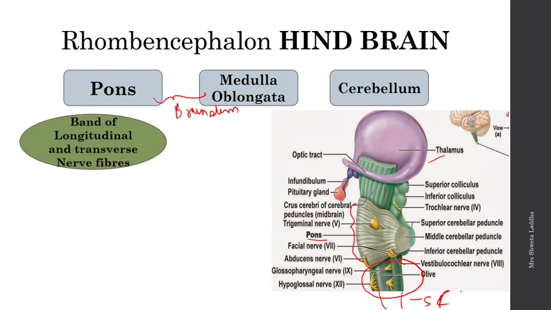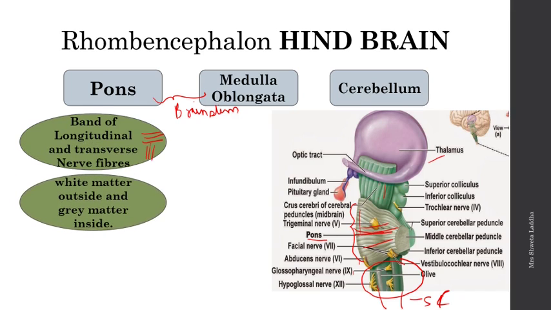Pons is basically a band of longitudinal and transverse nerve fibers. You can see in the picture, they are transverse and also longitudinal. The transverse nerve fibers, the horizontal ones, connect the different lobes of the cerebellum, and the longitudinal ones connect to the cerebrum.